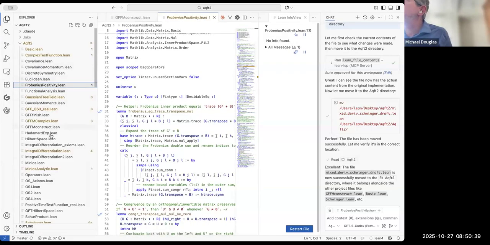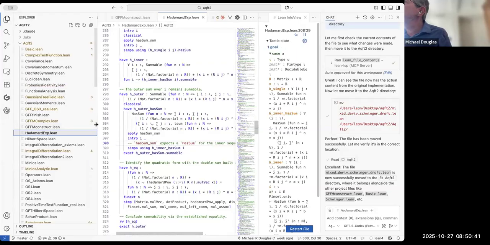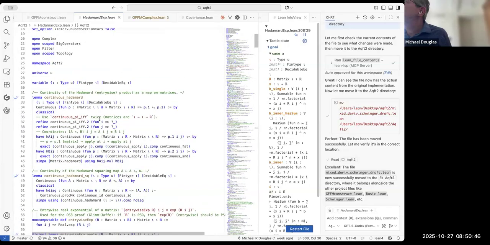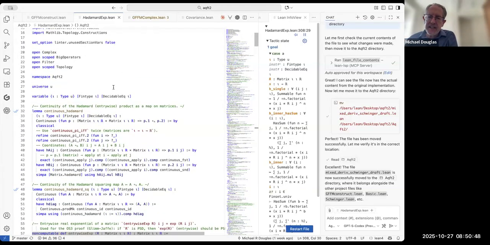this Hadamard file. And this is basically the theorem, which I hadn't known: as you know, if you take an exponential in the standard sense of a positive definite matrix, that's a positive definite matrix, and that's kind of clear.